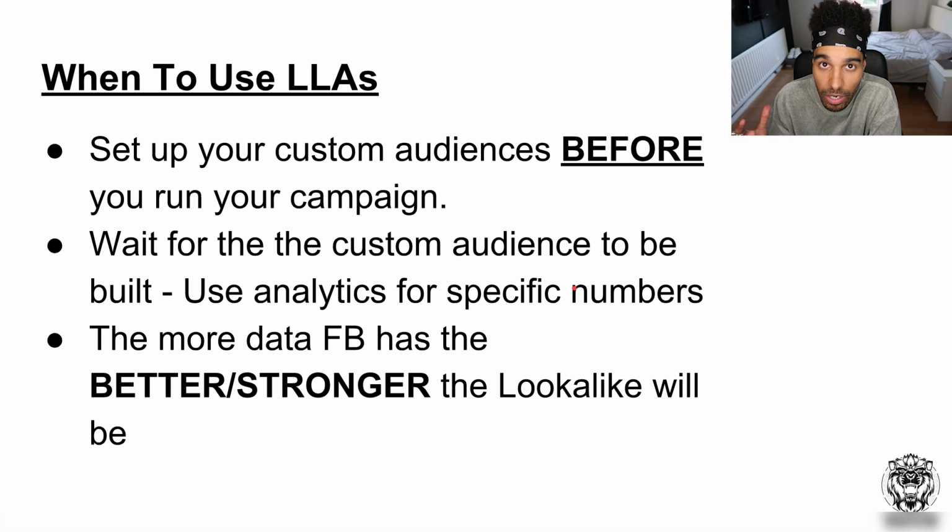And if you're using content IDs, which I would advise using with custom audiences and lookalike audiences, then you can just put your content ID in the analytics, and it will show you exactly how many people have taken that action, rather than it just saying less than, which can be annoying. They took it away for some reason, God knows why.